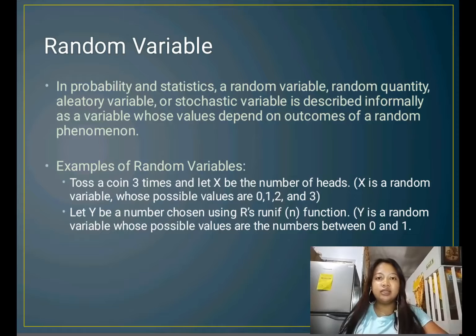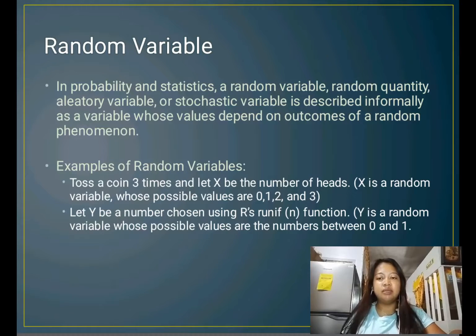You can see in here are examples of random variables, one of which is tossing a coin 3 times and letting X be the number of heads. So remember, we are looking for the random variable, and therefore X will be the random variable because it could have a possible outcome of either 0, 1, 2, or 3.